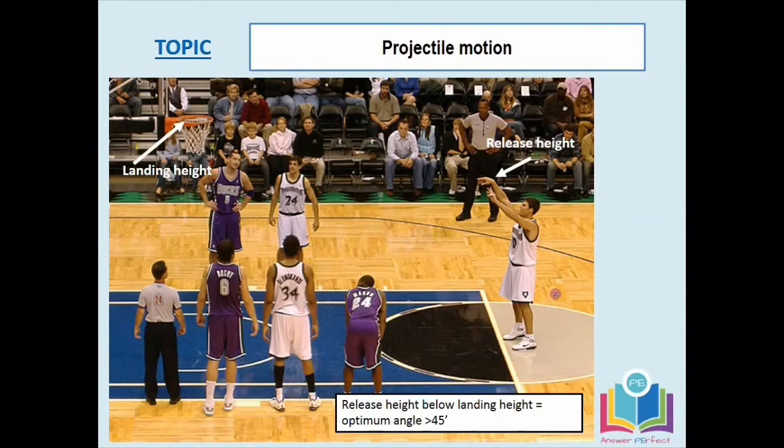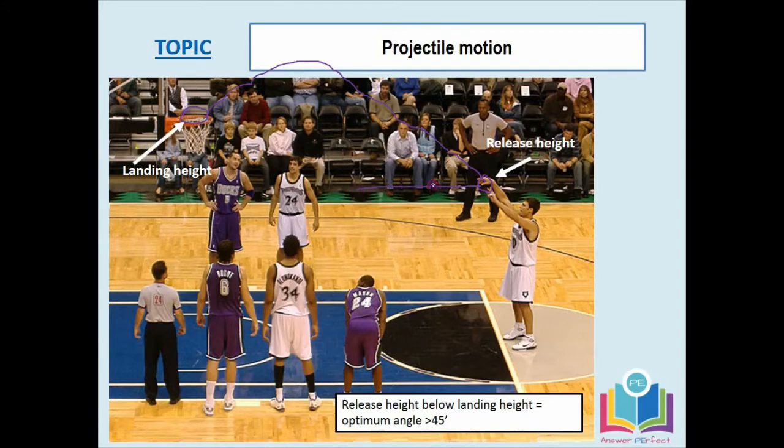So let's have a look then at shooting in basketball. What would be the optimum release angle here? Now, the release height is here and the landing height is all the way up here, so it's higher. This basketball needs to travel up here in order to come back down and land in the net, so we need to look at what the angle of release would need to be.